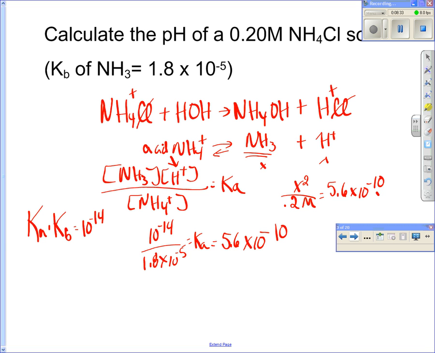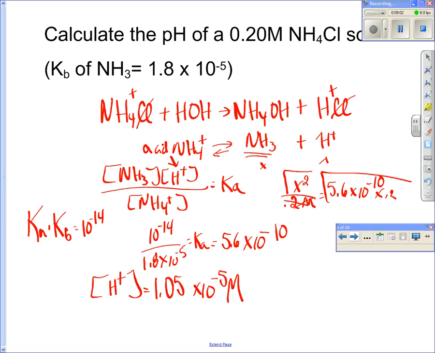So I'm going to multiply by 0.2, take the square root, and solve for x, which gives me my H+. When I solve for x, I get 1.05, again giving you a chance to calculate that. 1.05 times 10 to the minus 5 molarity is my H+.